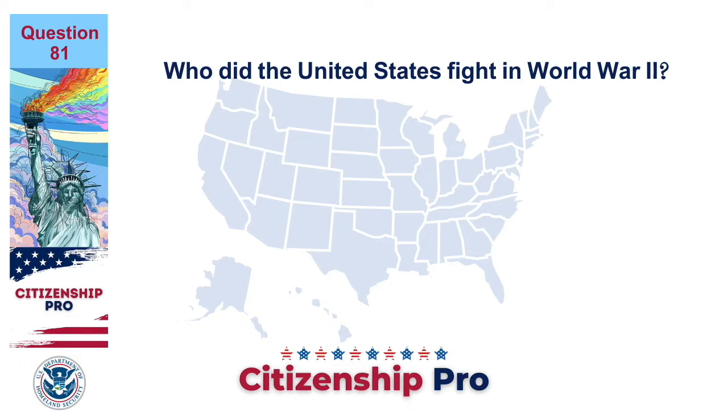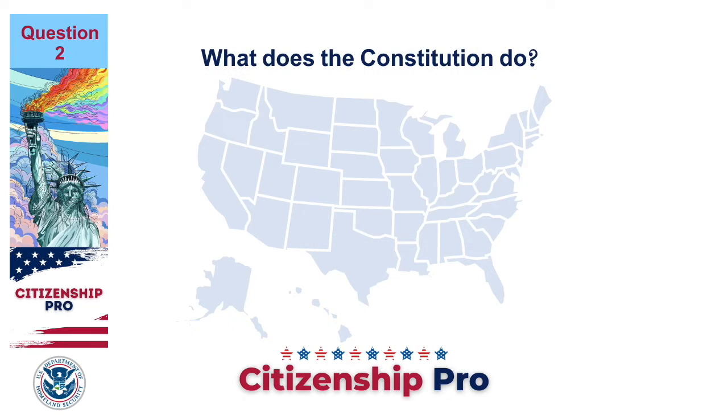Who did the United States fight in World War II? Japan, Germany, and Italy. What does the Constitution do? Sets up the government.